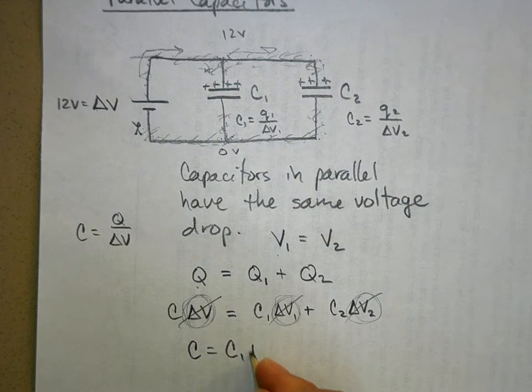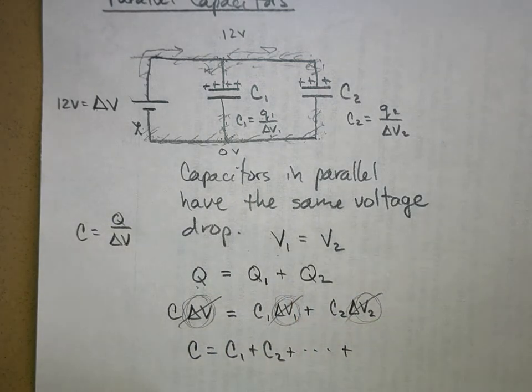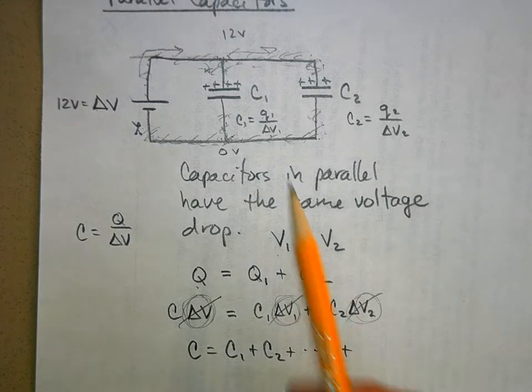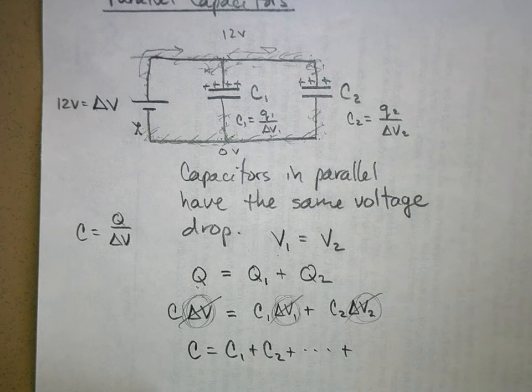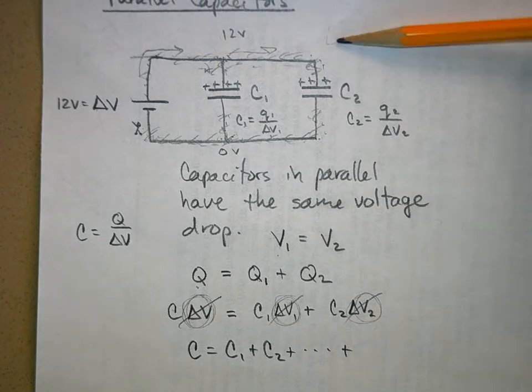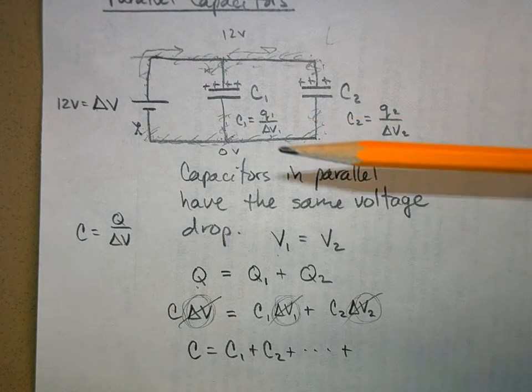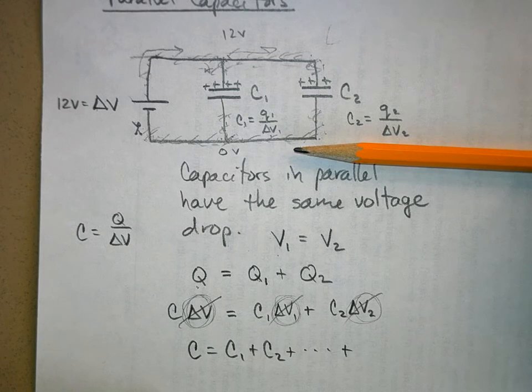And if I have multiple capacitors in parallel, they would all have the same voltage drop. So even if I have 33 capacitors, they would all have to drop the same amount of voltage from here to here. So they each have 12 volts across them.